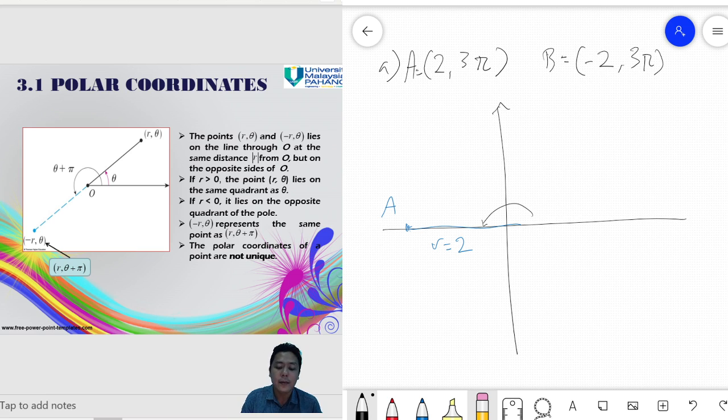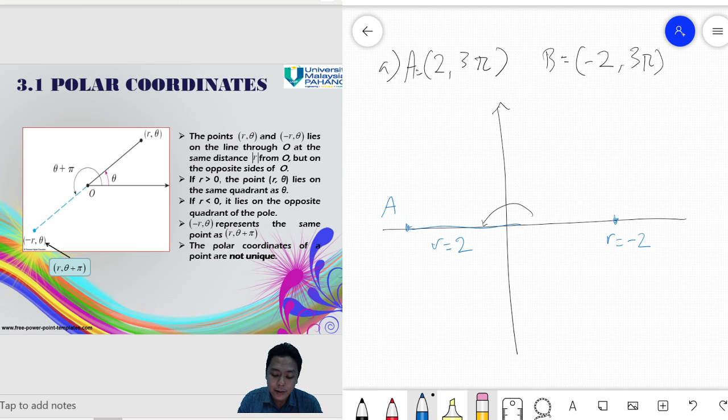So in this case, if you refer to the slide on the left, the b will be -2 and 3 pi. 3 pi, you plus pi will become 4 pi.